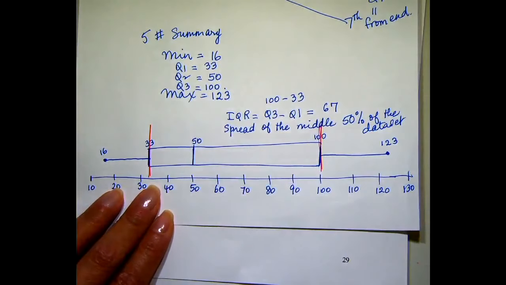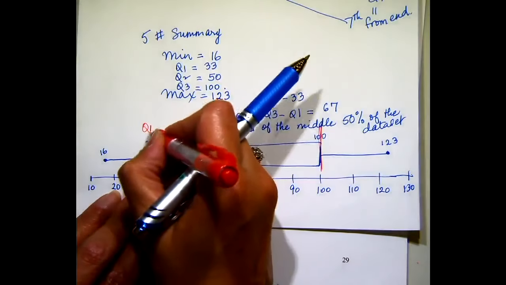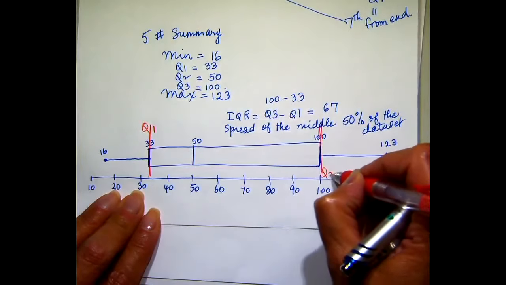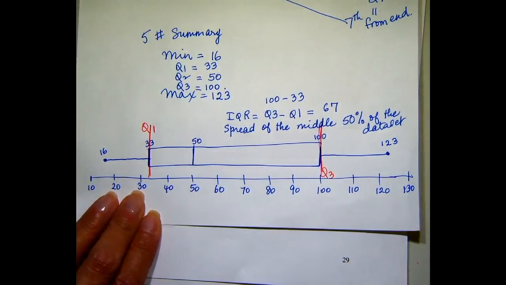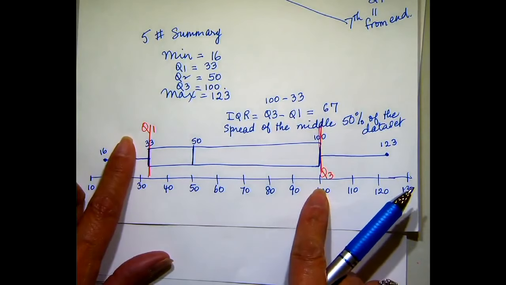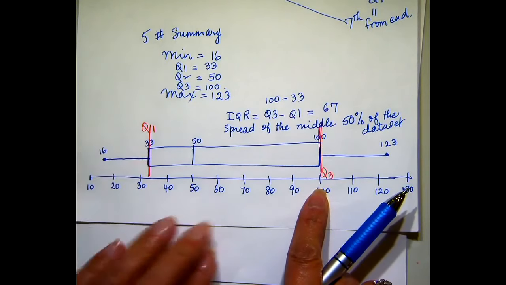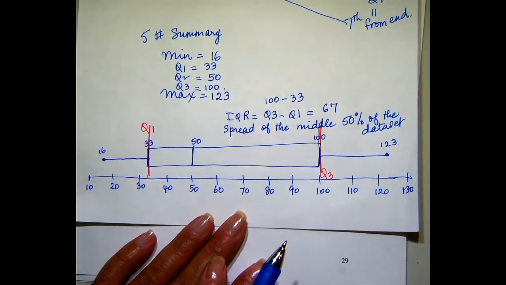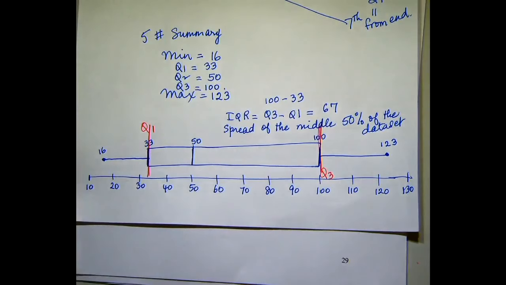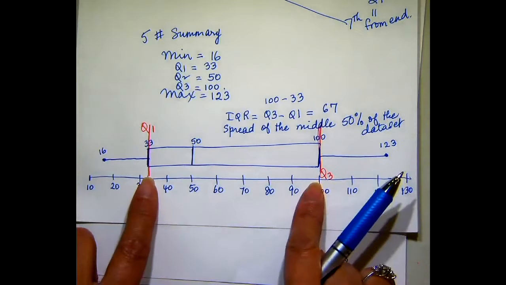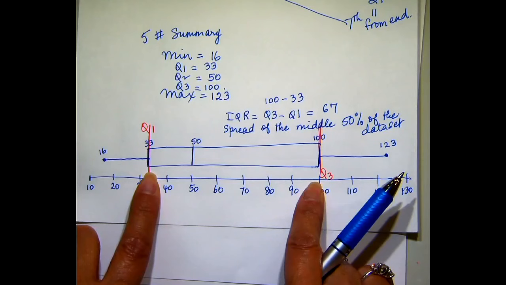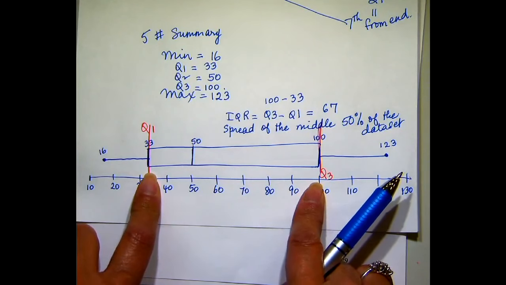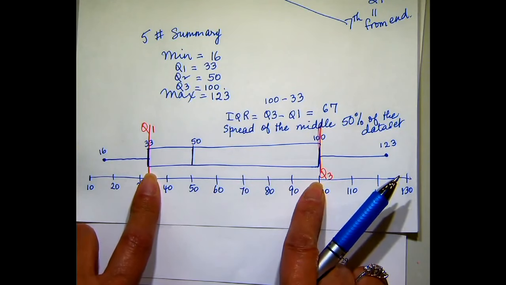This is exactly 50% of the data, because this is the 25th percentile and this is the 75th percentile. So between that lies exactly 50% of the data set. The longer the distance, the longer the IQR, the higher the variability of your data.